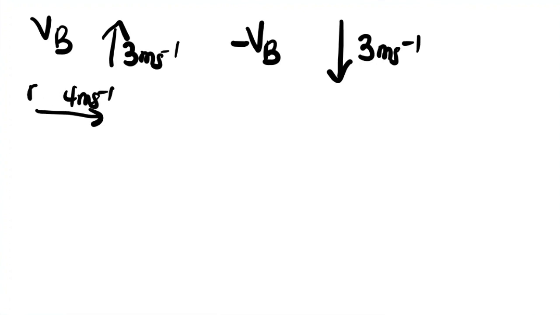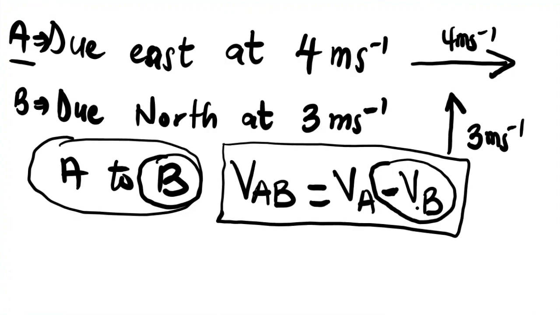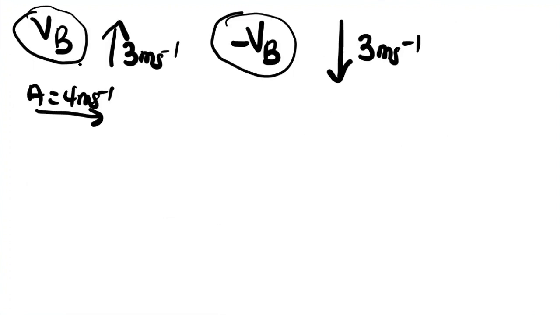So what we've done so far is move from VB to negative VB. Why are we going to negative VB? Because the formula says VA minus VB. But for inclined vectors, we cannot directly put in the values. We need to make sure that this negative is performed such that VB first changes to negative VB before we put them together.